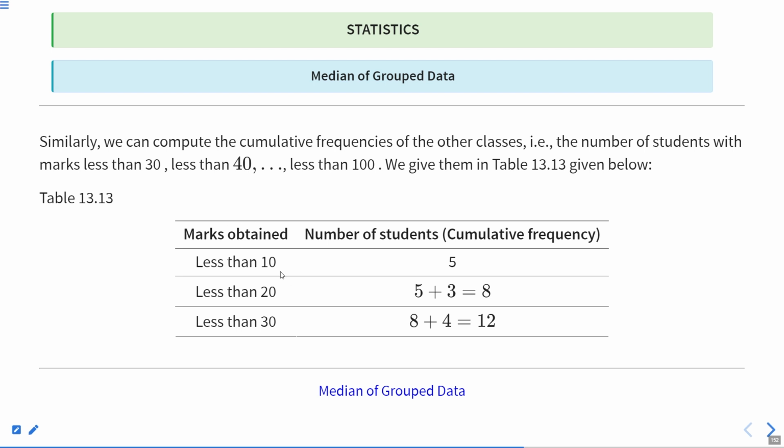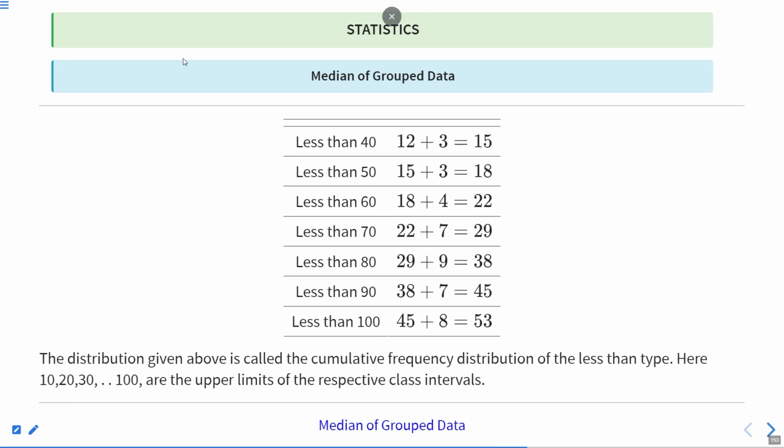Marks obtained less than 10, number of students 5; less than 20, 8; less than 30, 12; less than 40, 15; less than 50, 18; less than 60, 22; less than 70, 29; less than 80, 38; less than 90, 45; and less than 100, 53.